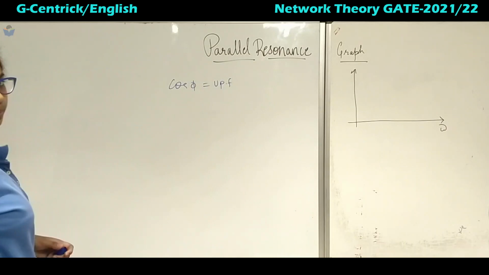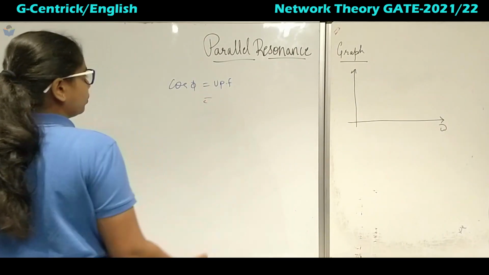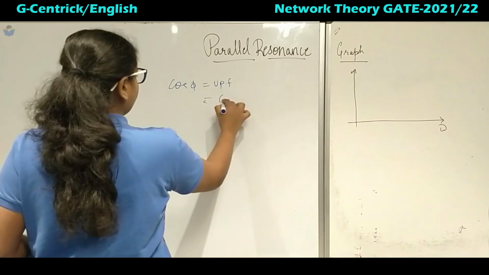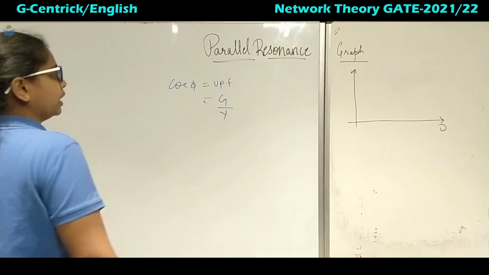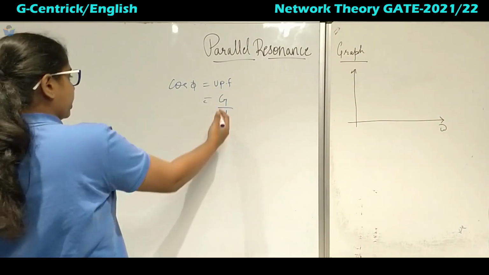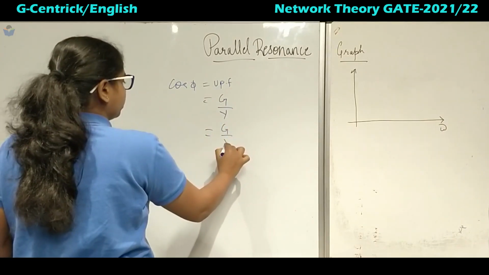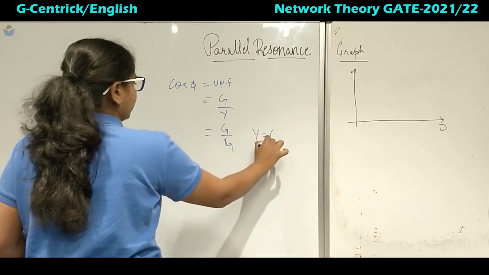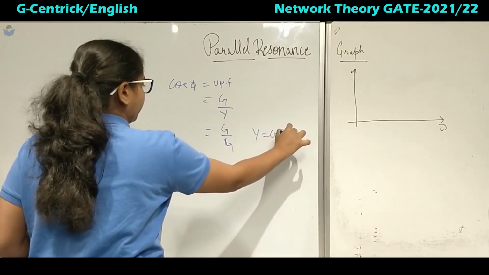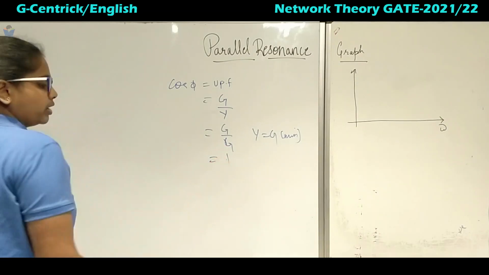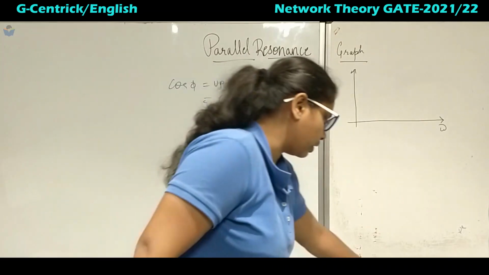If you take the admittance triangle, you will find that it is G by Y. We have seen that Y will be equal to G, which will be minimum. So G and G get cancelled, and you will get cos phi as 1, unity power factor.